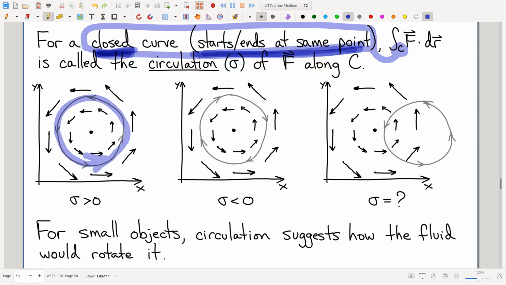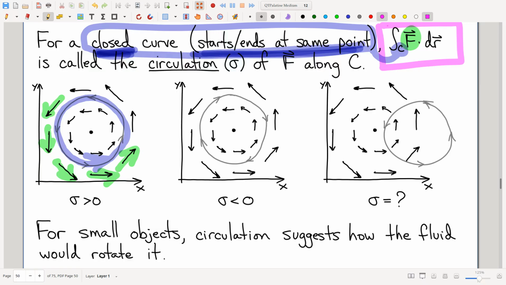Okay, so in that case, given some vector field, and I'm imagining this vector field that I've got drawn here, we want to ask the question, what does the line integral represent? Well, we already kind of know. The line integral says, hey, to what extent is the fluid flowing along the curve?